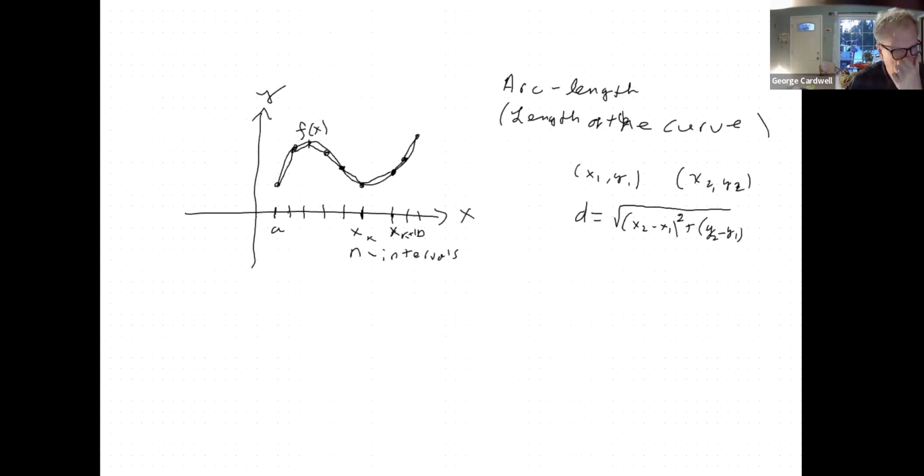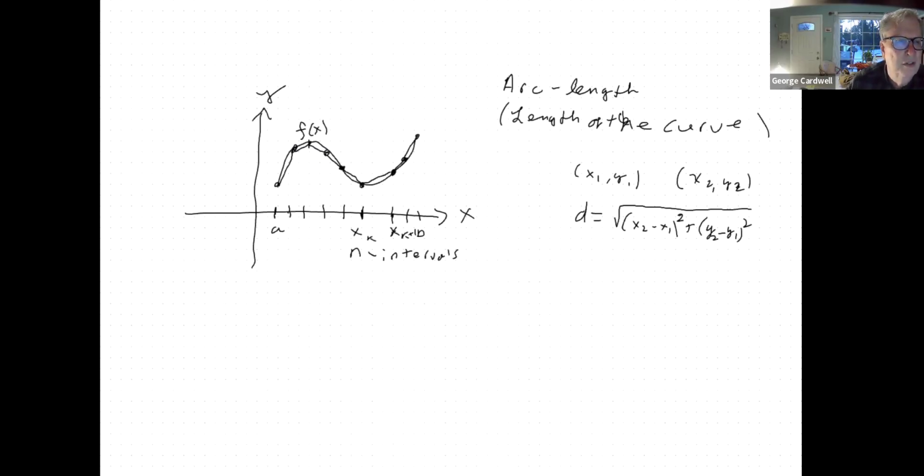That's the ordinary distance formula. So if I break into these little intervals, plot each point on the curve, and compute the distance between each pair of points, I get a pretty good estimate of the actual length of the curve, the distance traveled across the curve. And obviously, if I divide it into narrower intervals, I get shorter distances, but when you add them all up, you get a better estimate.